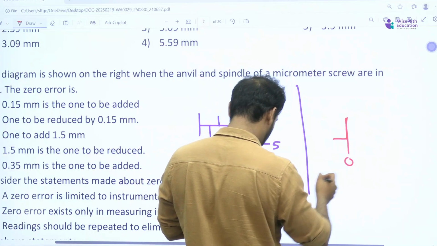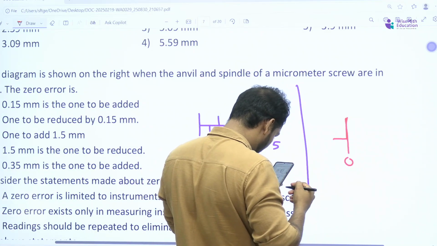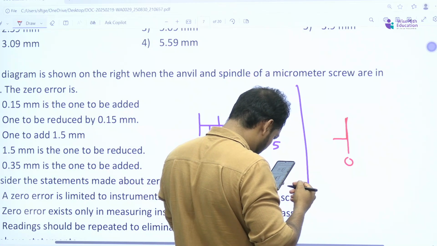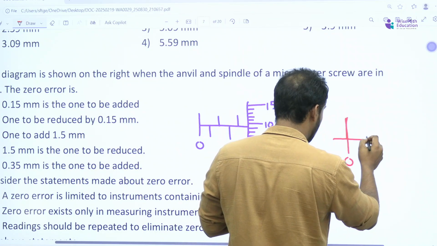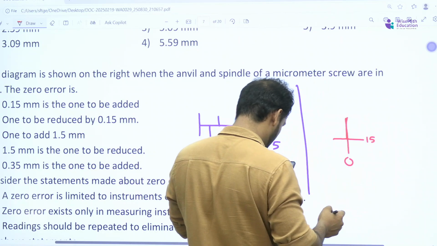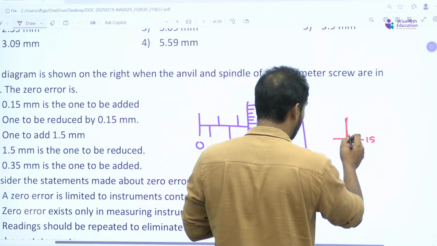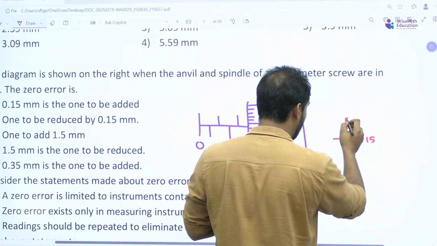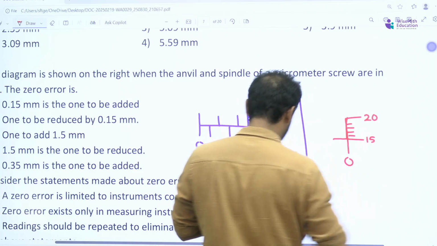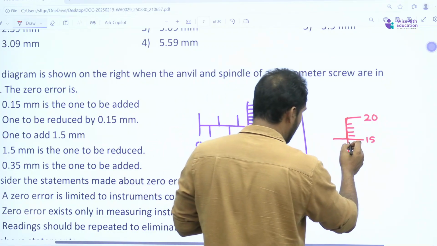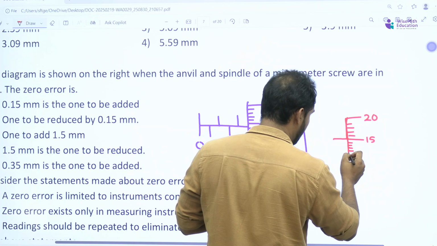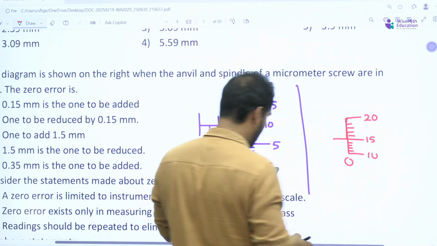And that's a 0, directly aligned with the mark 15. 1, 2, 3, 4, 5. 1, 2, 3, 4, 5. That is 20. And 1, 2, 3, 4, 5. That is 10.